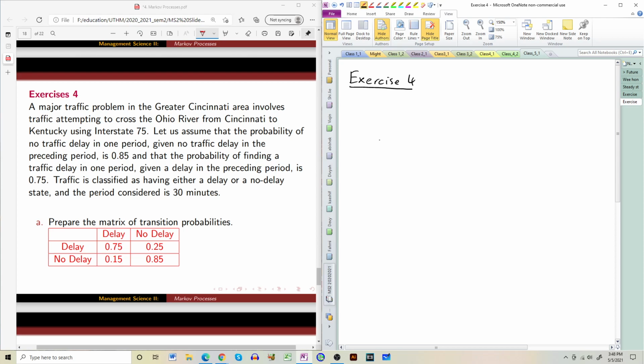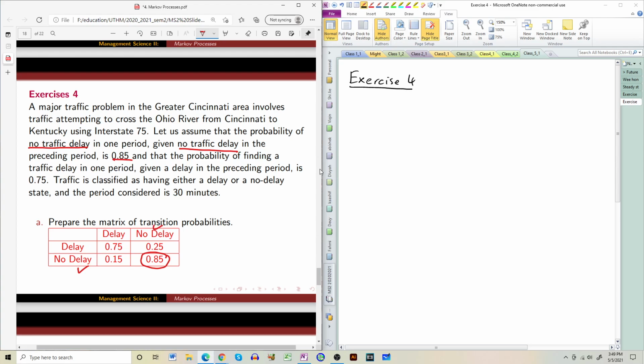So when you read this, you can see the probability of no traffic delay in one period given no traffic delay in the preceding period, no traffic delay to no traffic delay, the probability is 0.85, that is here.